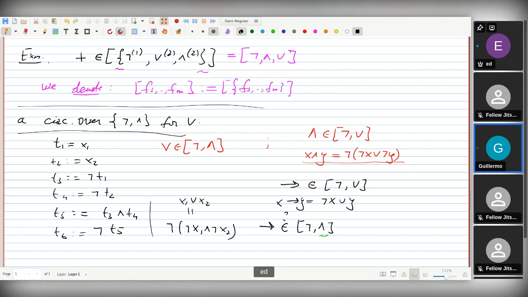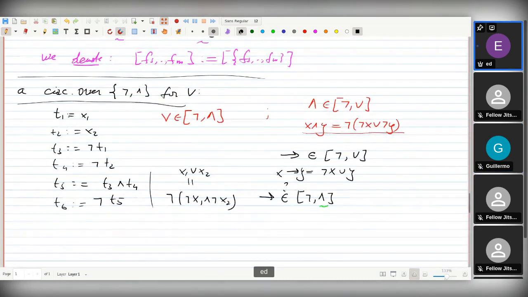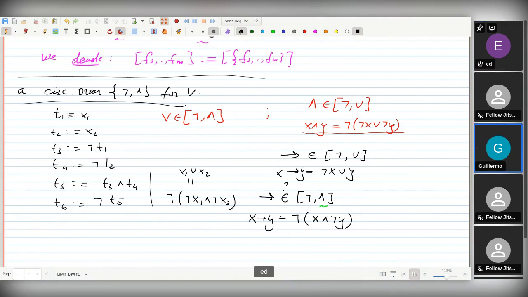How can we do so? Of course, there is an immediate argument. x implies y is just not (x and not y). Yeah? Yes. But otherwise, we can prove it this way.